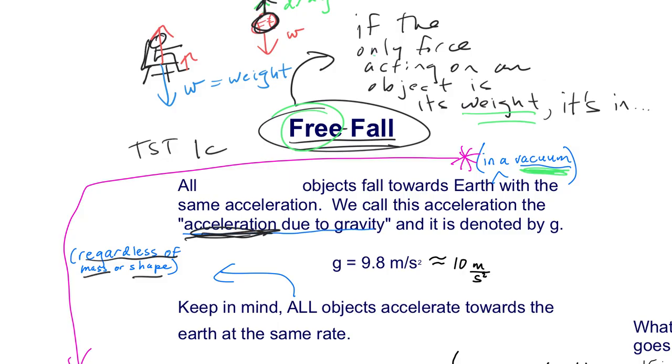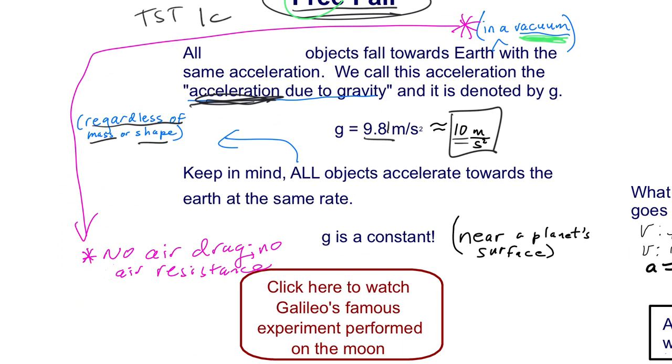And all objects will fall, if you're near Earth's surface, at 10 meters per second squared. It's really 9.81 if you want to be really picky, but I have my test questions set up to have little g be 10 meters per second squared near Earth.